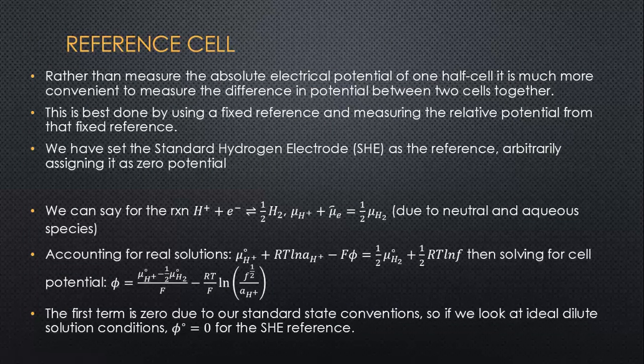But if we consider this an ideal dilute solution, activity goes to essentially 1, and we consider this like an ideal gas, or a sufficiently dilute gas, then fugacity goes to 1, and the natural log of 1 goes to 0. So essentially the chemical potential at standard state conditions is 0 for the standard hydrogen electrode. A lot of hoops to jump through.